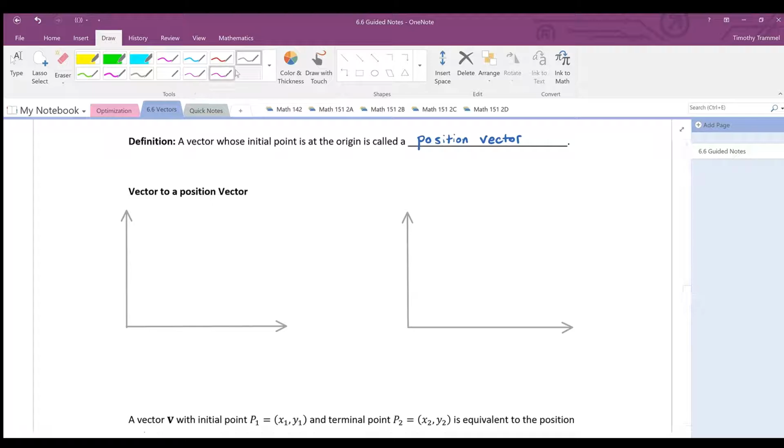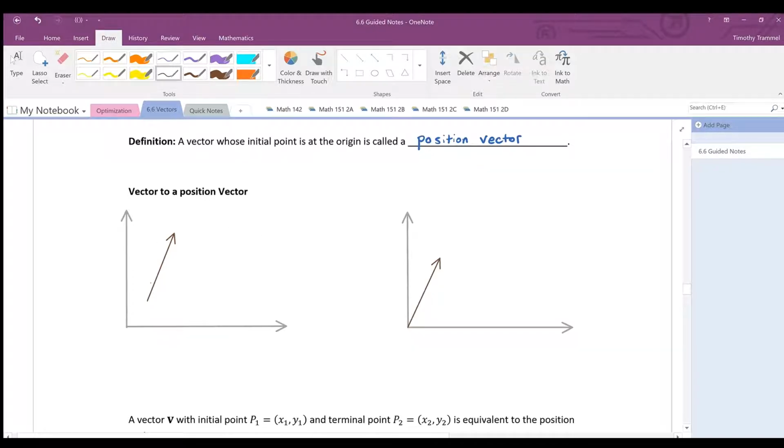Let's go ahead and sketch in a vector. There's our vector. And what we're going to do with it, though, is we're going to try and move that vector so that it starts at the origin. Okay. So I'm going to try and sketch the exact same one here. I think that looks pretty good. Okay.